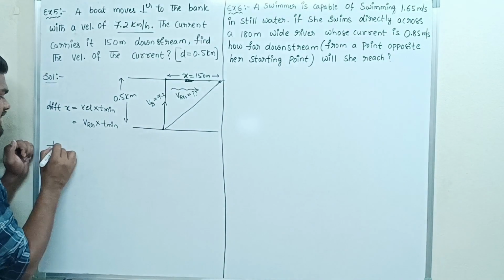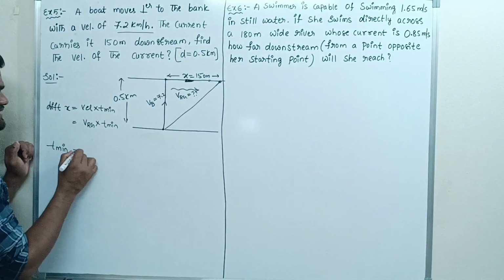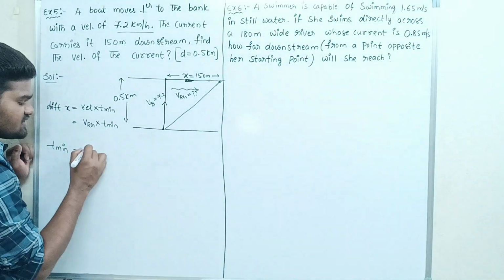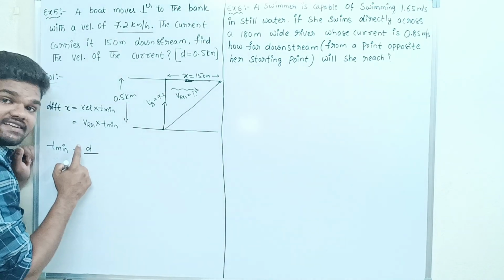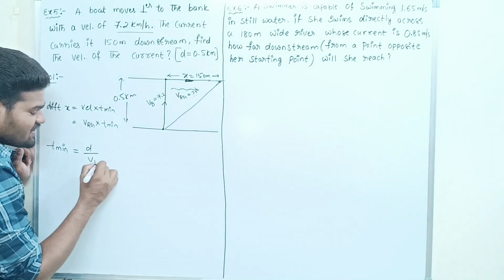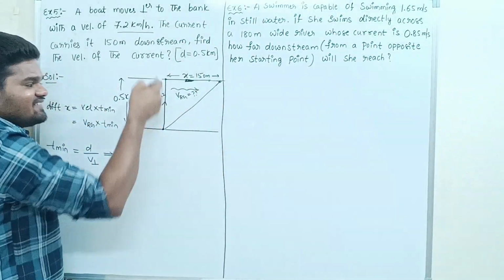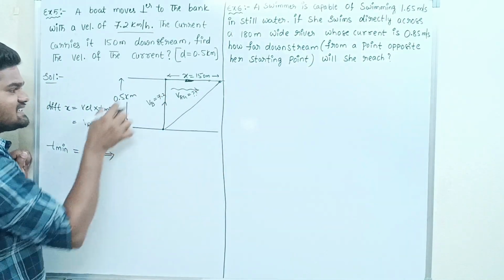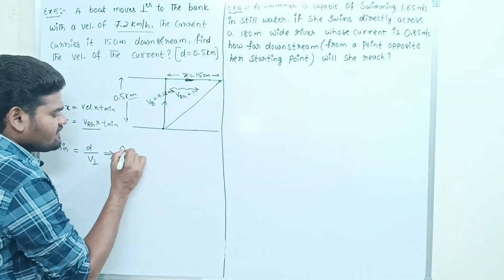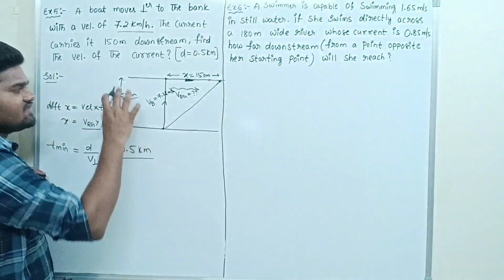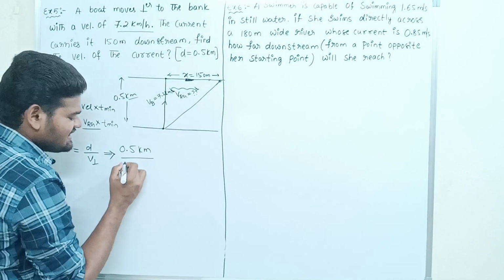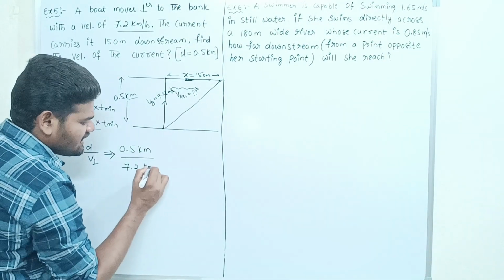So how do we find the time minimum? Time minimum is equal to distance divided by the perpendicular component of the velocity to the velocity of river, that is the velocity of boat. Distance is the width of the river, 0.5 kilometers, divided by V perpendicular 7.2 kilometer per hour.